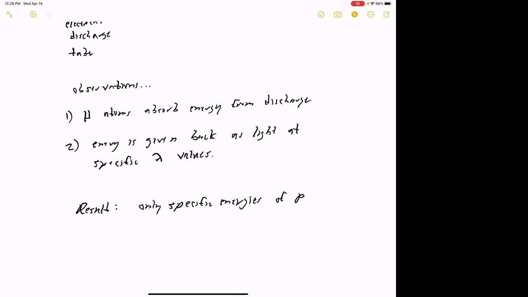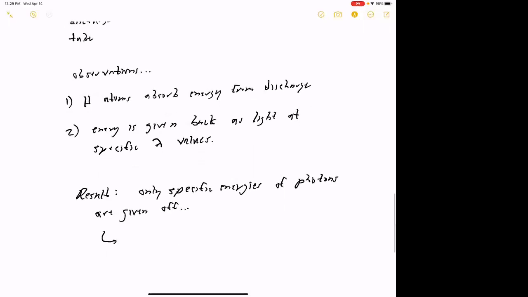We could say of photons, because that's how we think about light energy. And we have a name for this. When we talk about only specific energies being given off, we say that the energies are quantized.